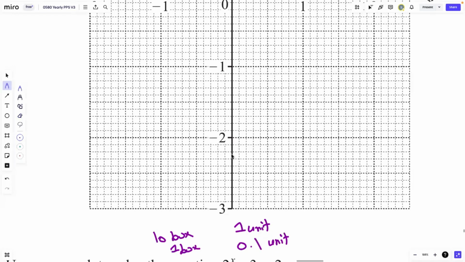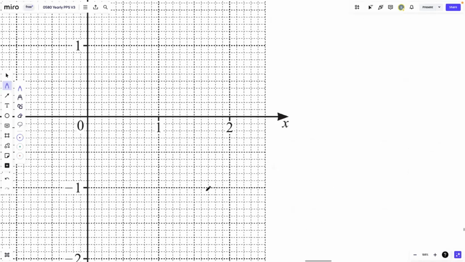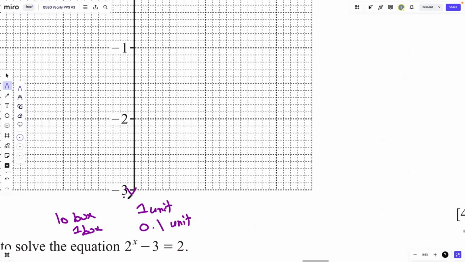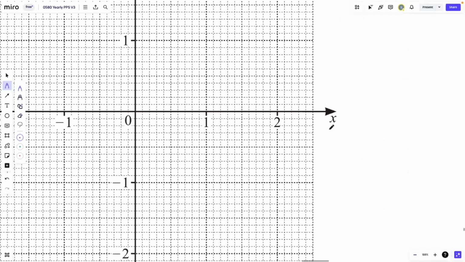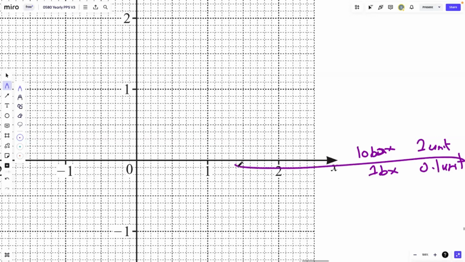So that's -2.1, -2.2, -2.3, and so on and so forth. That's your scale for the y-axis. And for the x-axis, it's 10 boxes representing 1 unit, which is the same scale actually. So one box represents 0.1.